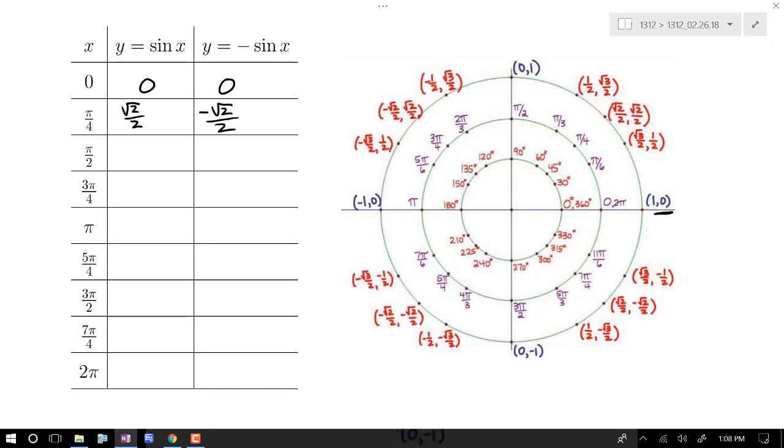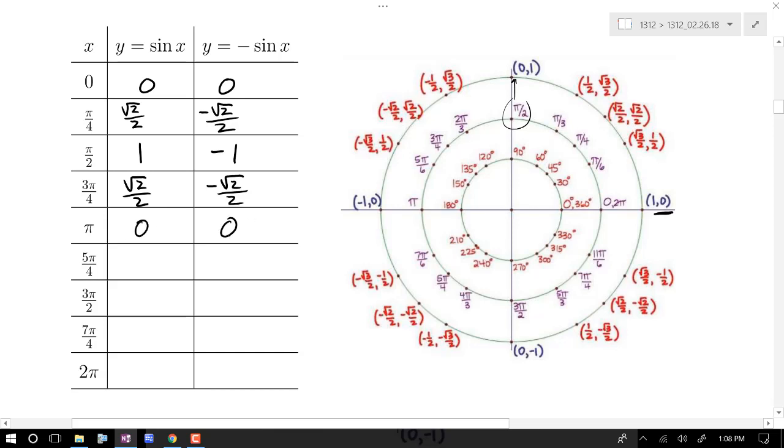Let's keep going. Pi over 2 is up here at the top of the circle. There the y coordinate is 1, which means that minus sine of pi over 2 is a negative 1. What about 3 pi over 4? Root 2 over 2. So over here it would be a negative root 2 over 2. Sine of pi? 0.